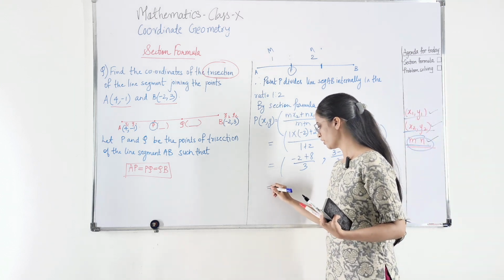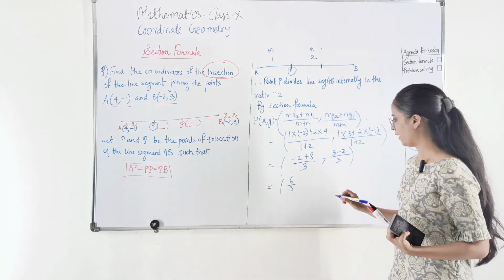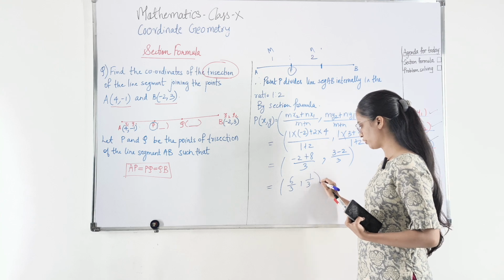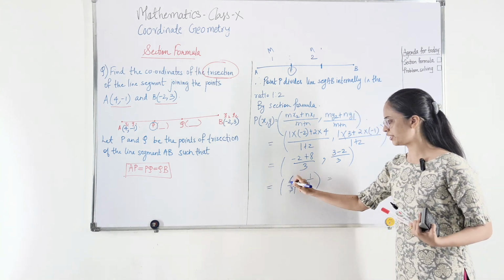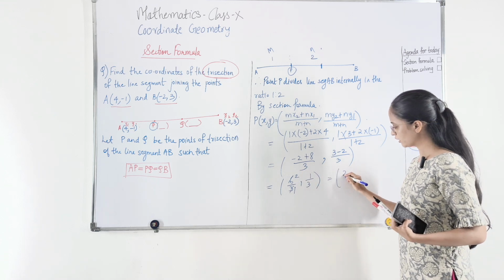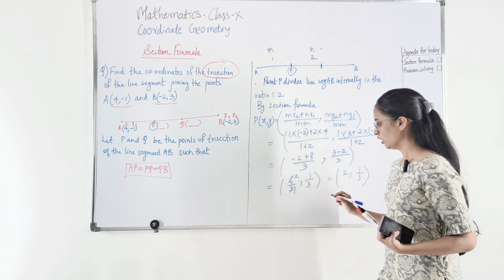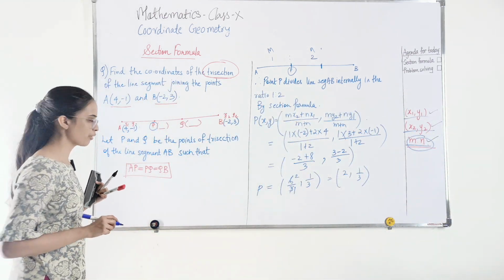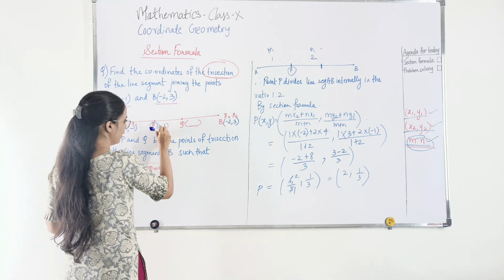So here we get 6 upon 3 comma 3 minus 2 is 1, so that's 1 upon 3. If you reduce it, 3 ones are 3, 3 twos are 6. So the x coordinate is 2 and the y coordinate is 1 by 3. So these are the coordinates for point P: 2, 1 by 3.